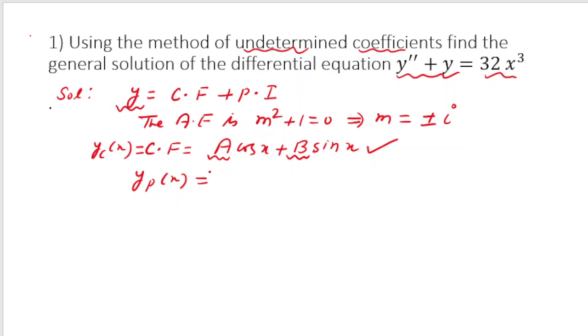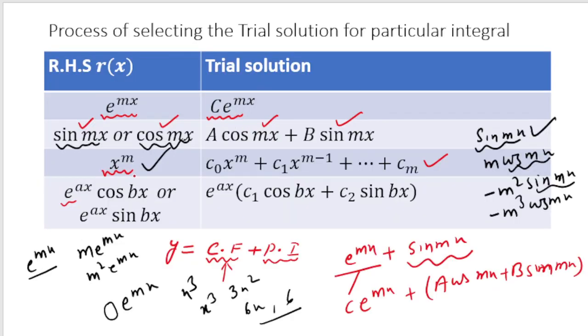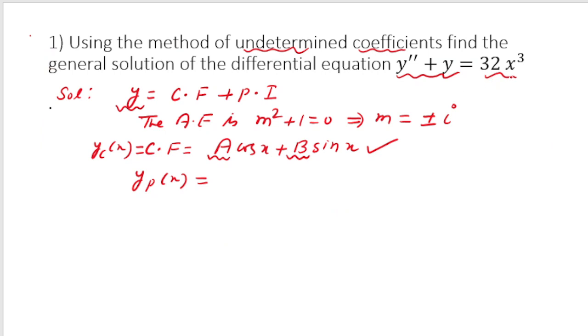So what is yp(x)? If you look at the right hand side, and this is what I was telling you earlier, the right hand side is a polynomial of degree m. I repeat, here the right hand side is a polynomial of degree 3. So the trial solution will be a general degree 3 polynomial. General degree 3 polynomial means c0 x to the power 3, so it will have a term of degree 3.